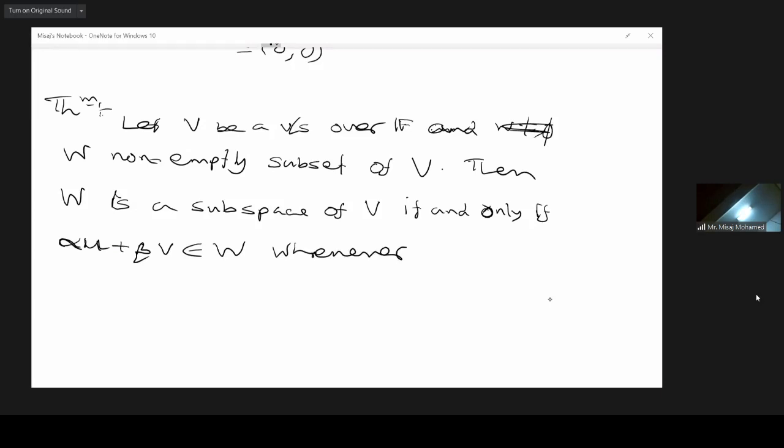Whenever alpha, beta is from the scalar F and u, v is from W.